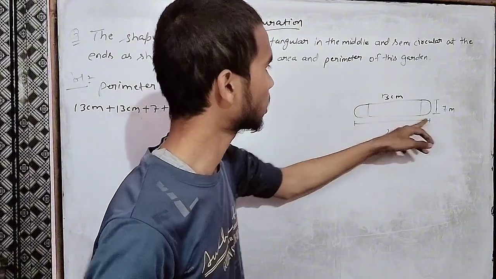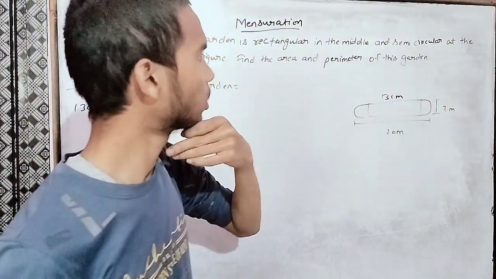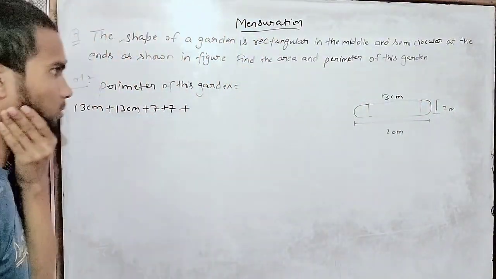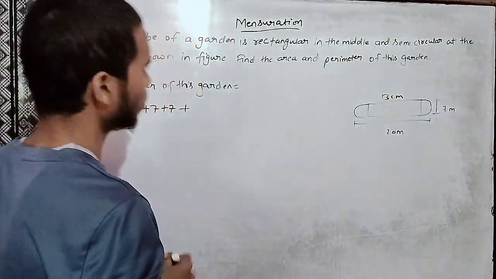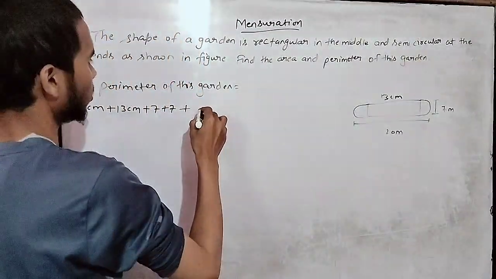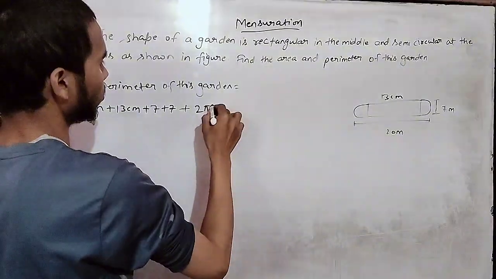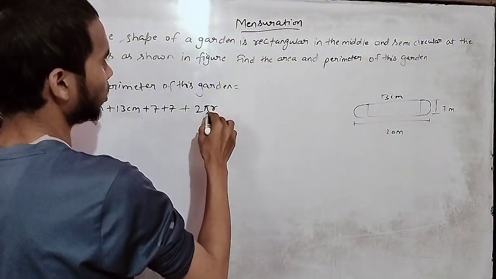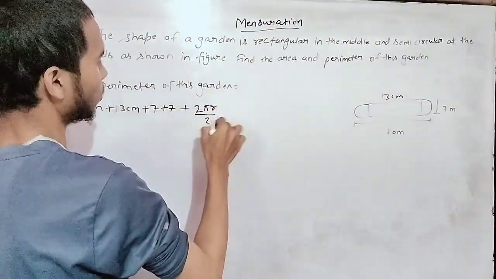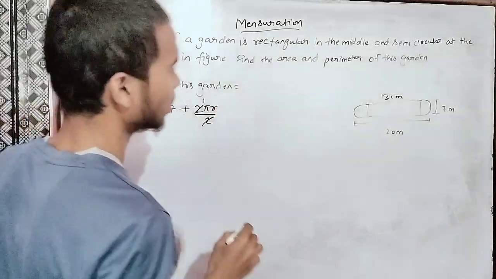So 2 pi r, and 2 times it will get cancelled.